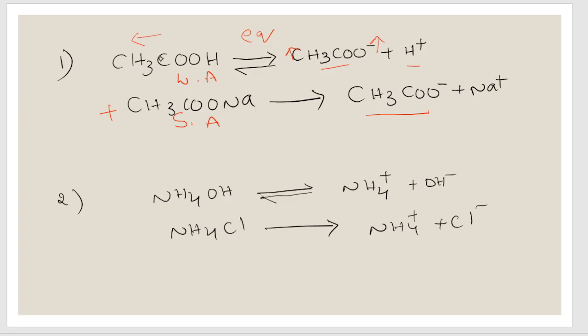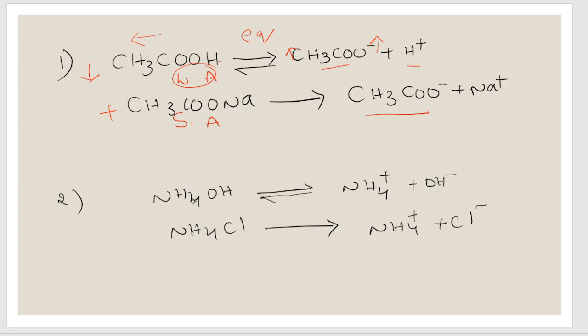It means the dissociated ions associate and form the weak electrolyte again. So the dissociation of the weak electrolyte is decreased just because of the common ion, according to Le Chatelier's principle. So this is the common ion effect.